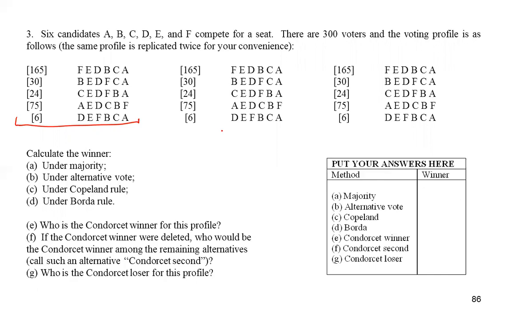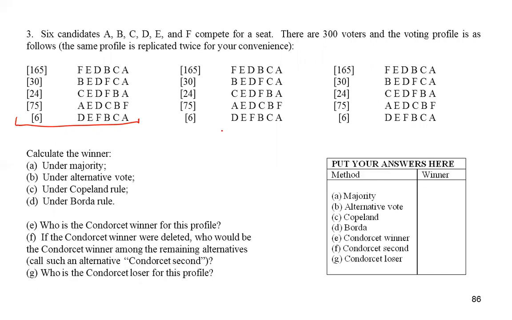We have to calculate the winner under all major methods: majority, alternative vote, Copeland rule, and Borda rule. And we have to answer a few questions about the Condorcet winner.